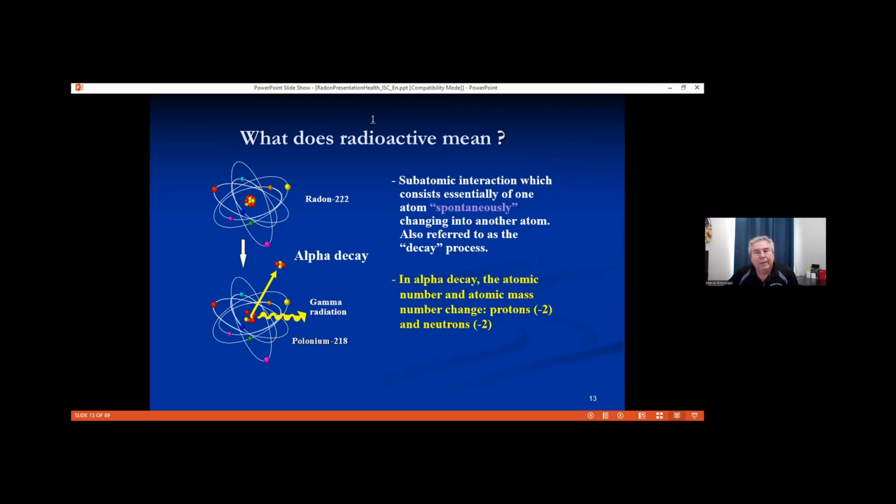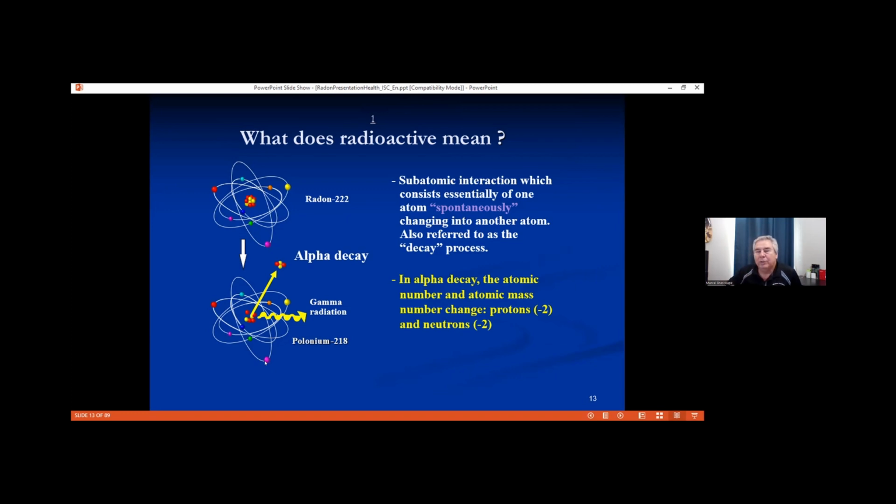So here, if that particle contains 2 protons and 2 neutrons, that means what's left over after that particle has been ejected has only 84 protons. So what's left here is no longer a radon atom because it doesn't have 86 protons anymore. It has now 84.